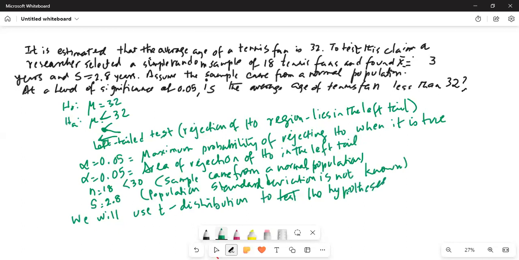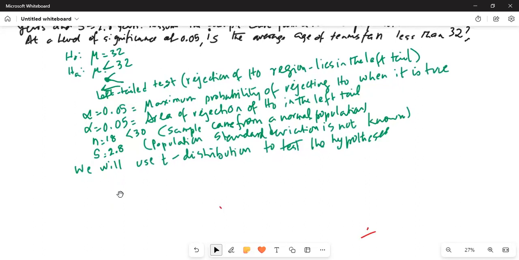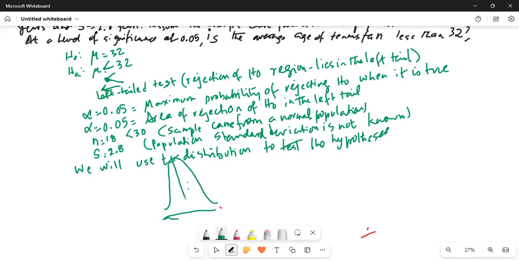Okay, so let me create some space. Let me draw a picture of the t-distribution. At the center, where the peak is the highest, is t equal to 0, and the shaded region is your area of rejection.